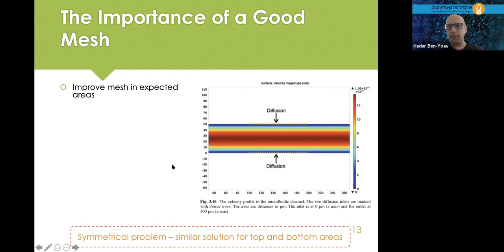Now, the first thing that we actually see is that it's a symmetrical problem. The solution of the diffusion is going to be similar here and here. So whatever we solve here, it will be similar to here. So we have a symmetrical solution.